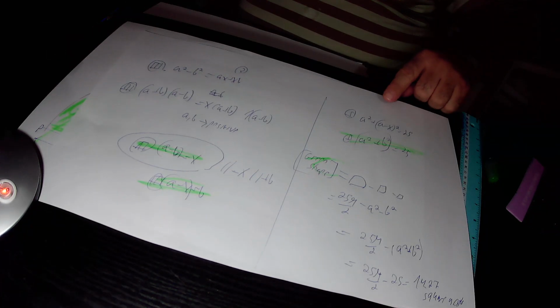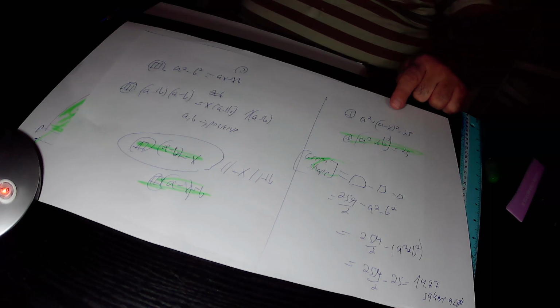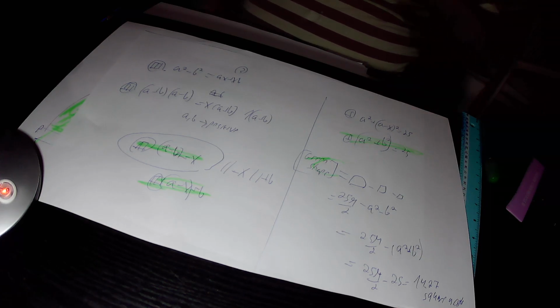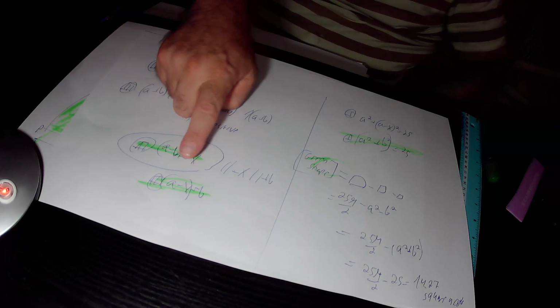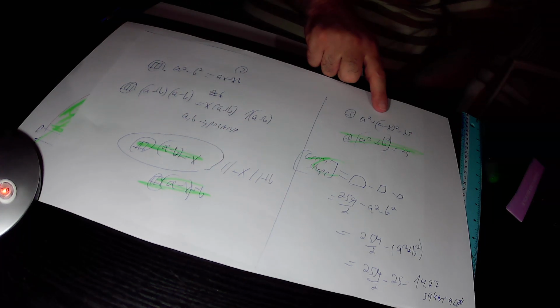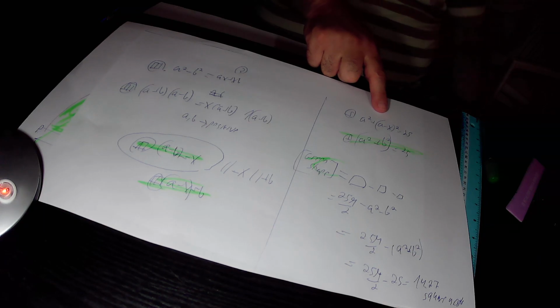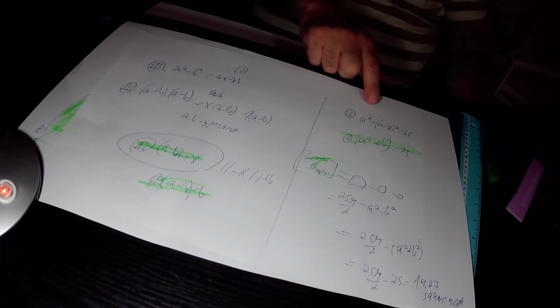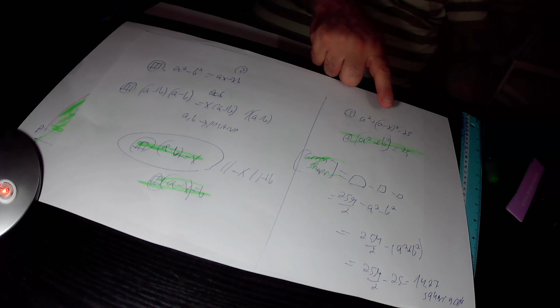According to equation 1, we have already found out that a squared plus (a minus x) squared equals 25. A minus x equals b, so we can substitute a minus x in this expression by b. Therefore, in total, according to equation 1, we found out that a squared plus b squared equals 25.